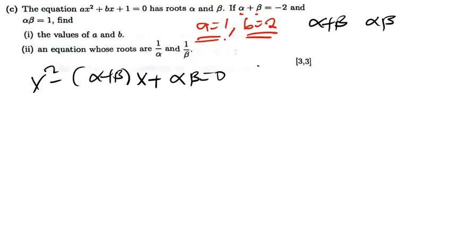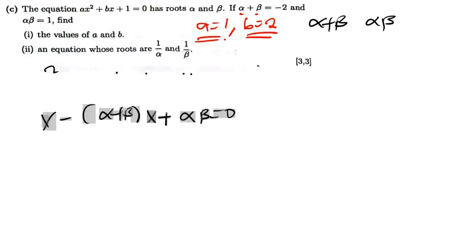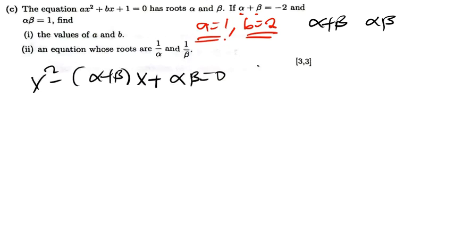But how can we find this? To find this, we have been given an equation whose roots are 1 over alpha and 1 over beta.